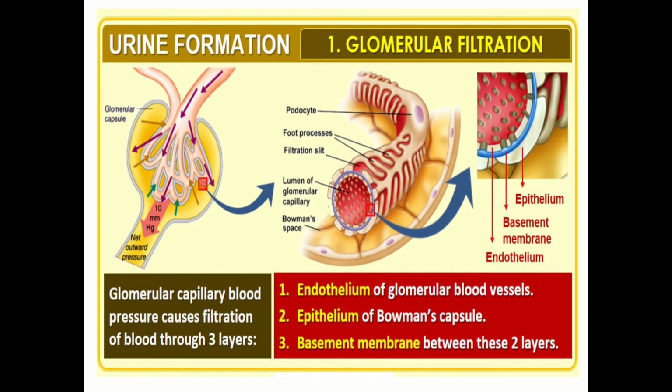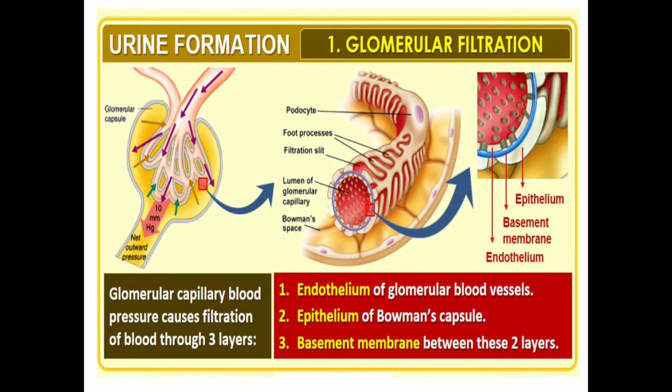The filtration of blood takes place in the glomerulus due to capillary blood pressure through three layers. So these three layers are shown in the diagram. The endothelium of glomerular blood capillary, or we can say the endothelium of glomerular blood vessels, then the epithelium of Bowman's capsule, and the third, a basement membrane between the two layers.